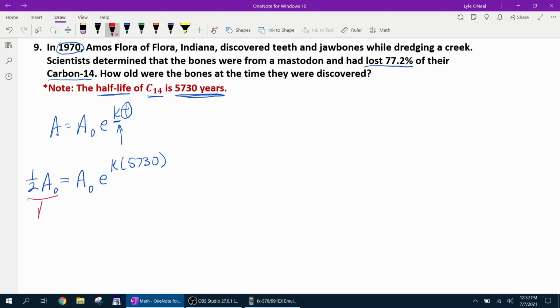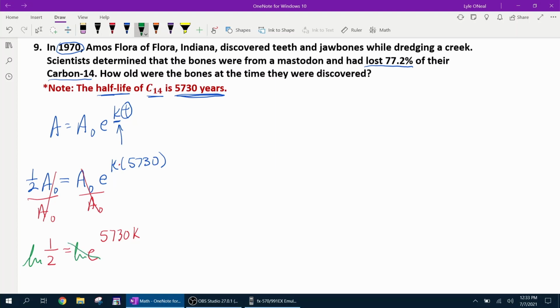So we're going to divide both sides by A naught. Notice that gets both of those to cancel. And then we have 1/2 equals e to the 5,730k. That's multiplied, so it doesn't matter what order they're in. Then I'm going to take the natural log of both sides.